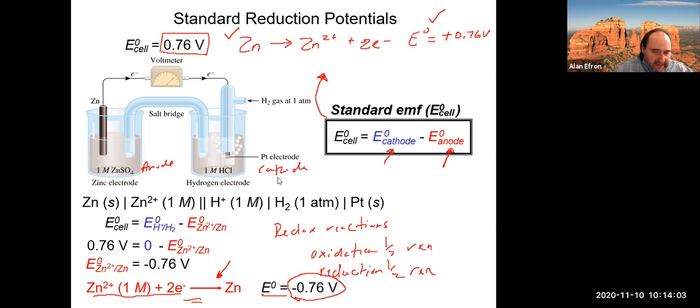And that is because this negative sign here, our minus sign, will actually change the sign for us. So if we were to put this into this formula, this would be minus minus 0.76, which gives us positive 0.76 volts, which is really what the value should be.